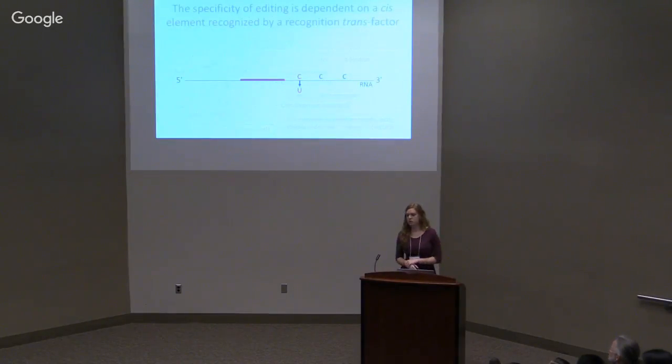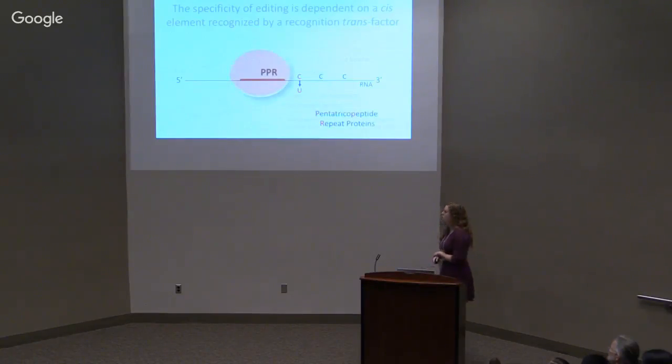What we do know, however, is the overall shape of the editosome as well as the different types of families involved in this process. Now, editing specificity is first initiated by the association of a member of the trans-factor family, pentatricopeptide repeat proteins, or PPR proteins for short. The PPR protein interacts with a related cis element that occurs immediately before an editing site.